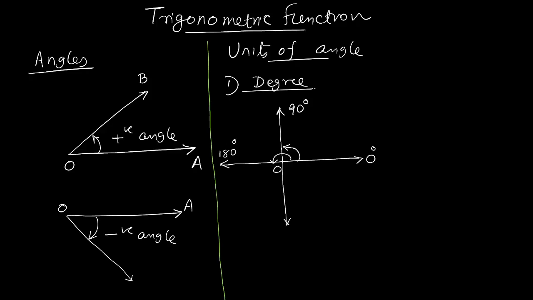Then 180 plus 90, this angle is 270 degree. If one revolution is completed, we say that the rotation is 360 degree. This diagram is very, very important: 90 degree, 180 degree, 270 degree, 360 degree.